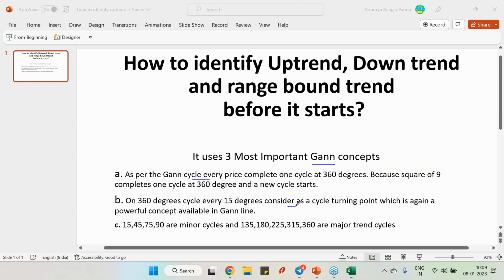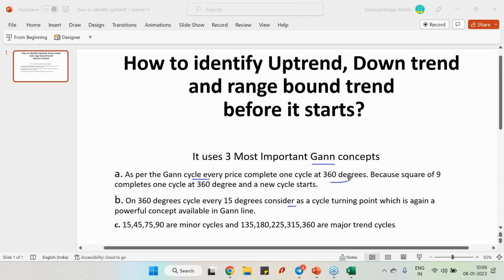The Gann cycle is divided into multiple fragments. One is with respect to price, another with respect to time, and the third is with respect to price and time squaring. Squaring is the common point between them. In a football game, you will know this term: squaring means both are chasing a common objective.